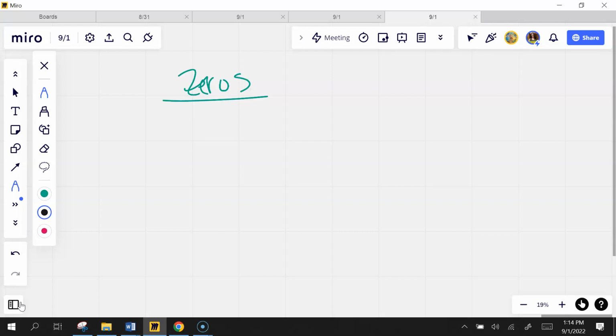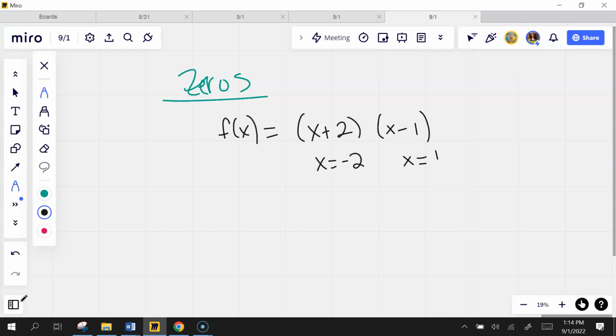Algebraically, when we found zeros, right, we talked about, we factored and solved, right? Most of the time we'd get it down to something like this. And we'd say, well, x equals -2 and x equals 1, right? That's a quadratic that's showing me 2 solutions.